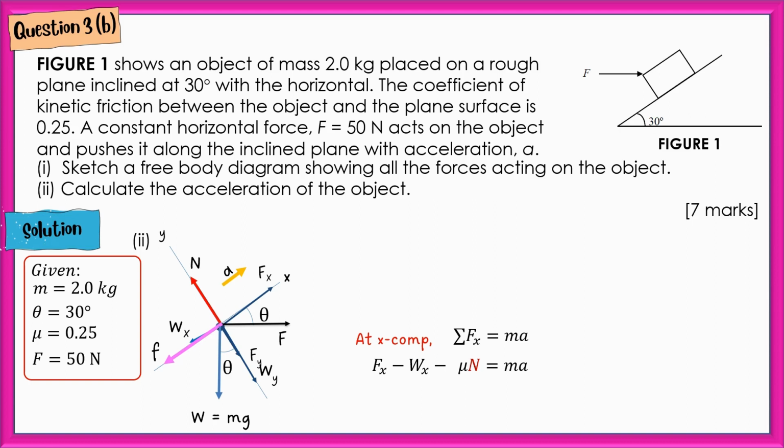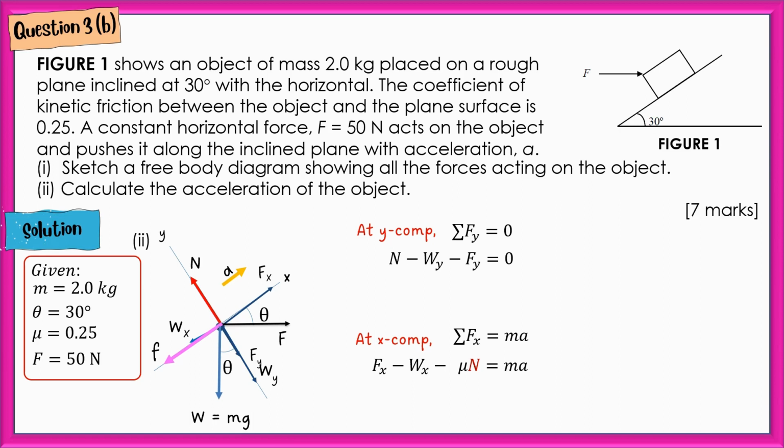When we want to calculate the acceleration a, we do not have the value for N, the normal force. If you look at the diagram, the normal force is at the y component. Because of that, we do the analysis at the y component, where total forces at the y component is equal to 0 because the object is not moving upward or downward. Take a look at all the forces exerted at the y component. There is the normal force, which is upward, while Fy and Wy are downward.